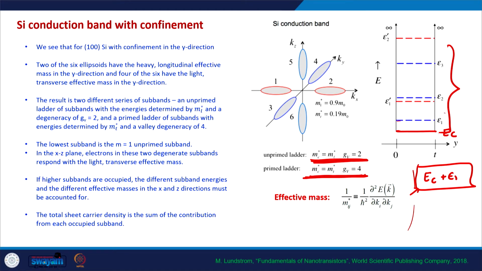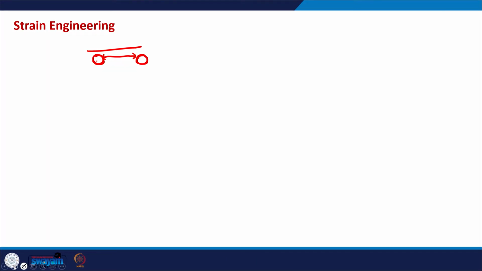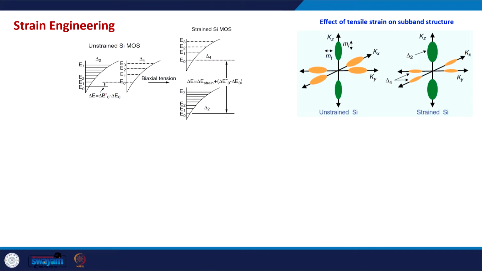As we have seen, the energy of the 2 valleys is now less and the energy of the rest of the 4 valleys is more, and that is shown here in this way. If you remember, this is the quantum well structure in the bulk silicon, and the electronic energy levels in these 2 valleys are given by these unprimed energy levels, and in the four valleys these are the primed energy levels.